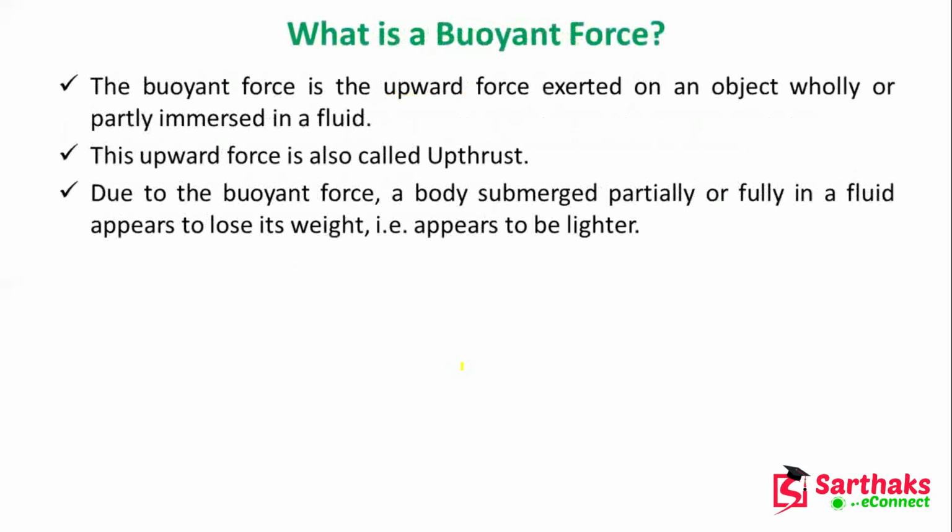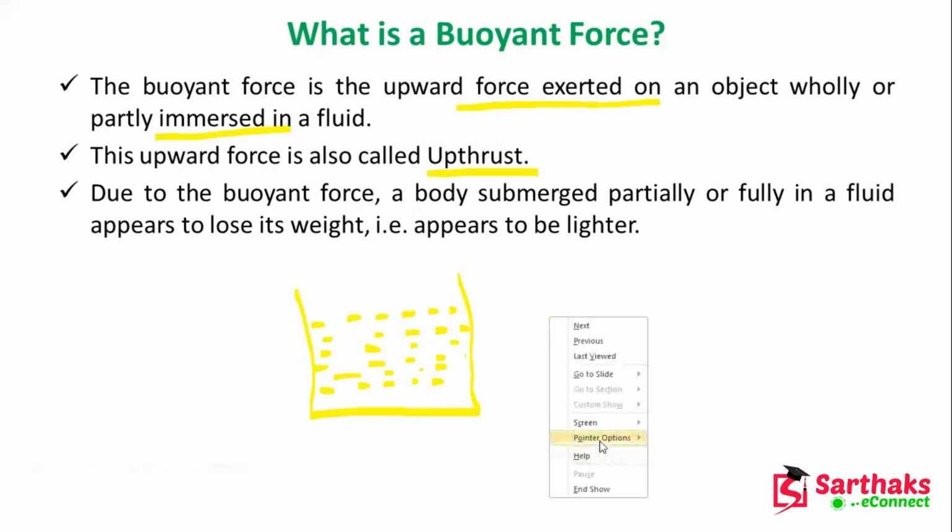Now what is the buoyant force? The buoyant force is the upward force that is exerted on an object wholly or partly immersed in a fluid. And this upward force is called the upthrust. So if we have one container, and there is some liquid here, and suppose there is some object here.